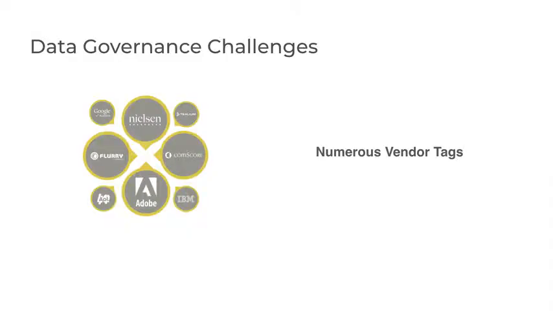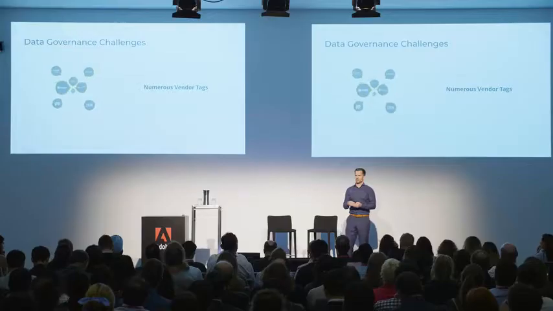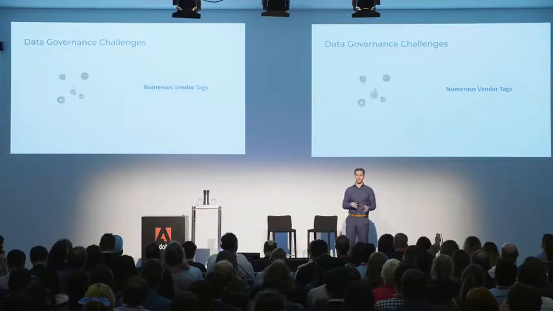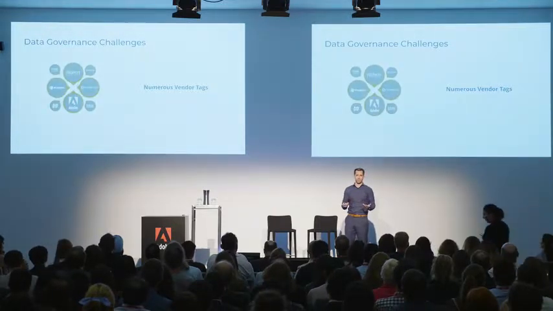On top of that, we have numerous vendor tags, Adobe Analytics being a primary and very expensive and worthwhile tag, but we have hundreds and even thousands of other tags deployed. CBS, I think we did an initial scan a month or two ago, and they have, I think, 56 tags just on their homepage, and each one of these is very important to them. So that further complicates it.